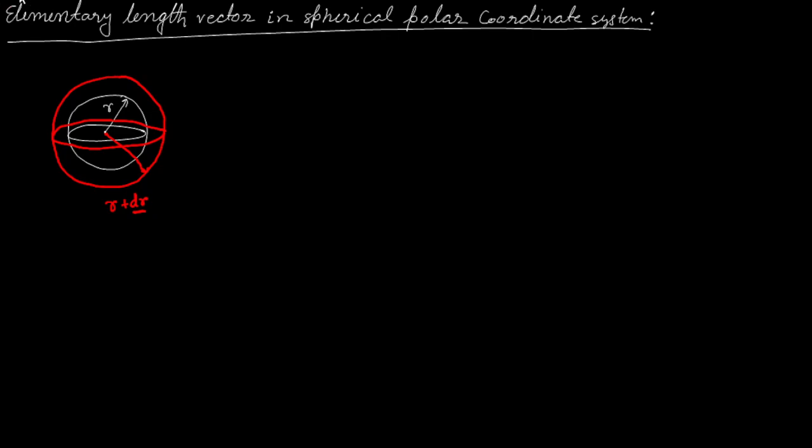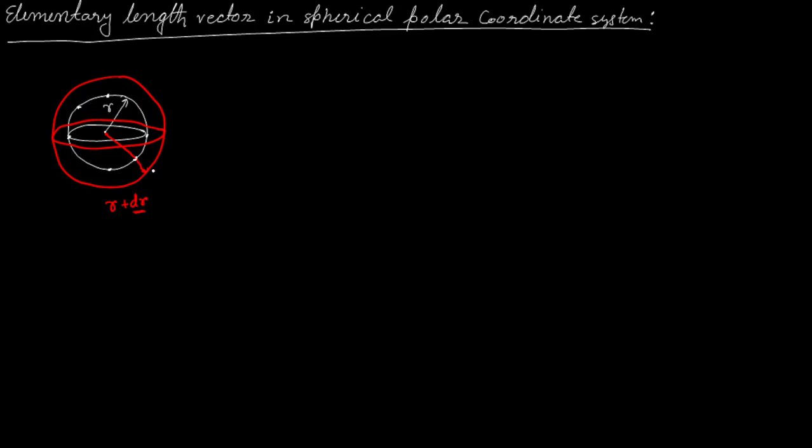Now, what I am asking you, let's say you are at any point on the surface of the inner sphere. If I ask you how much distance you have to travel to go from the inner sphere to the outer sphere along the direction of r cap.